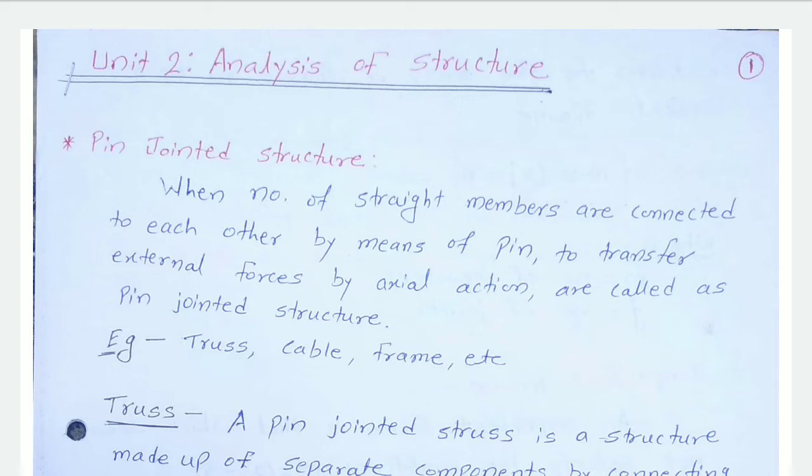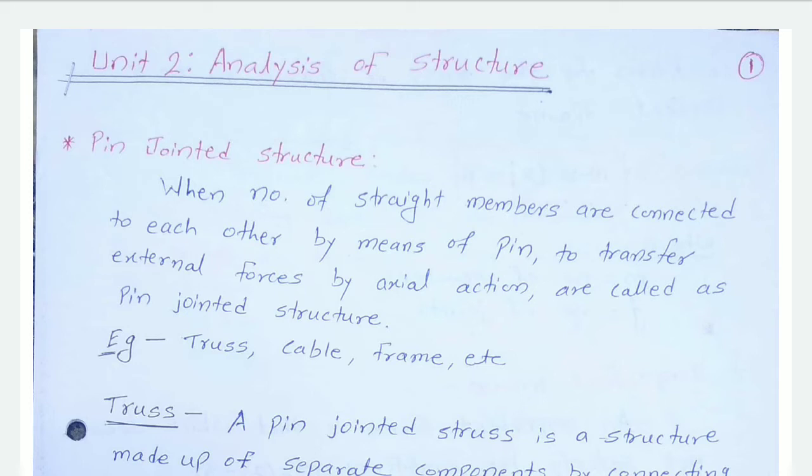So basically, number 1 is the pin jointed structure, or which type of structure can we call a pin joint? Simply, it is a number of straight members connected to each other by means of pins, to transfer the external forces by axial action.